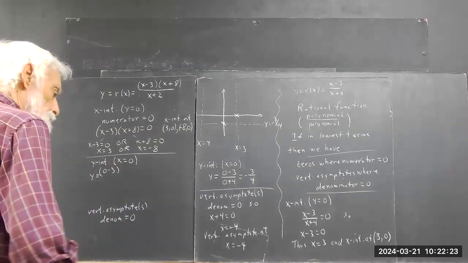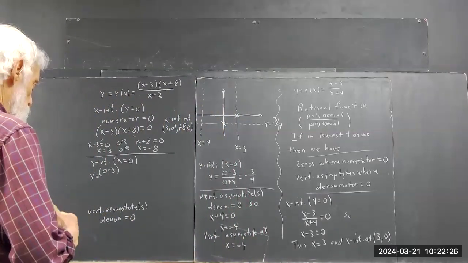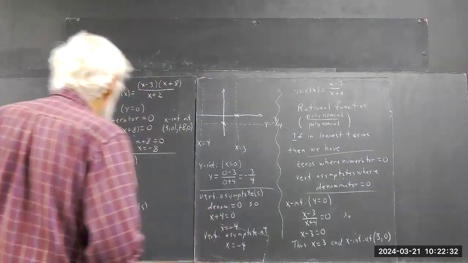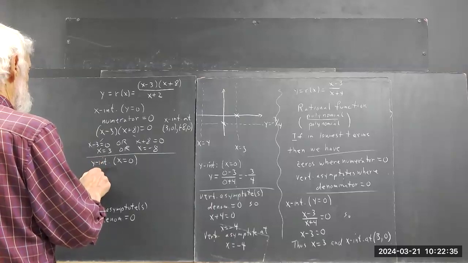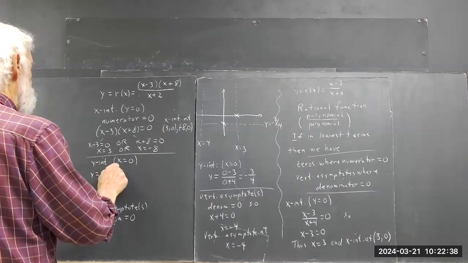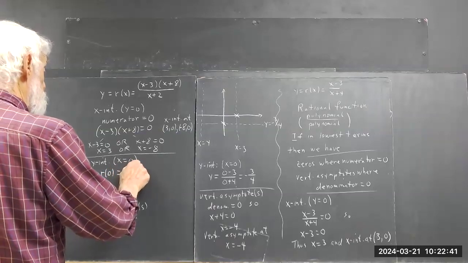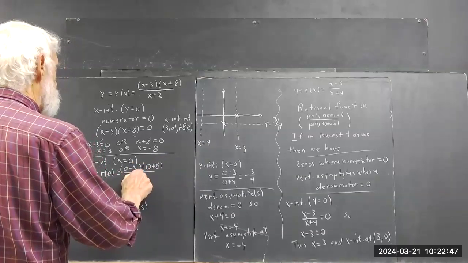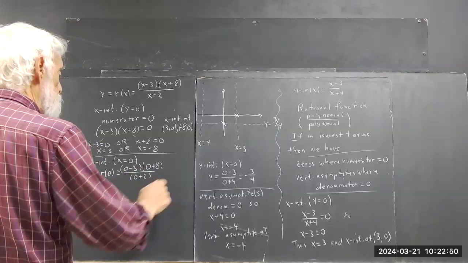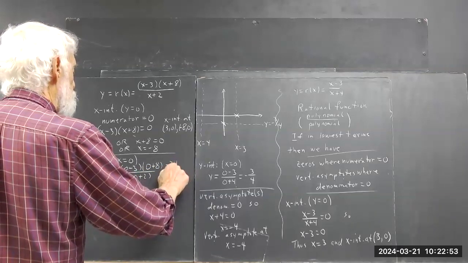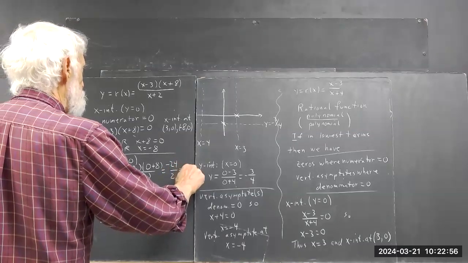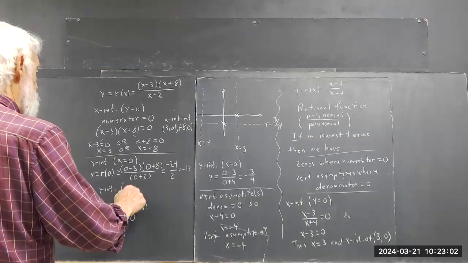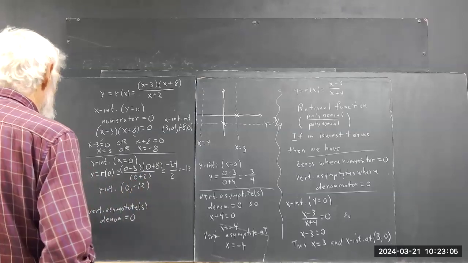And let me write that out in a little more detail, and let me recommend that you write it out similarly. Y equals r of 0 equals 0 minus 3 times 0 plus 8 over 0 plus 2. That equals negative 24 over 2, which is negative 12. So your y-intercept is at 0, negative 12.